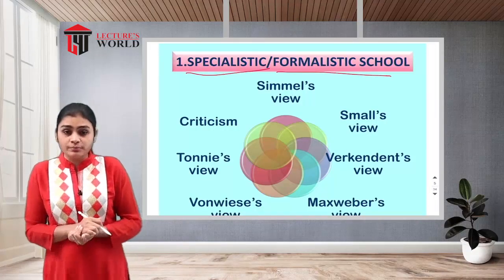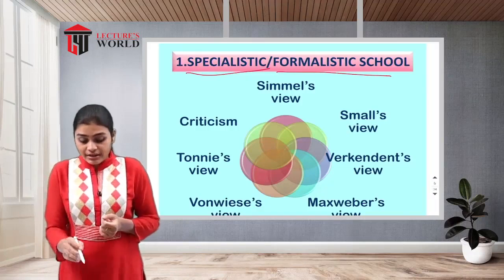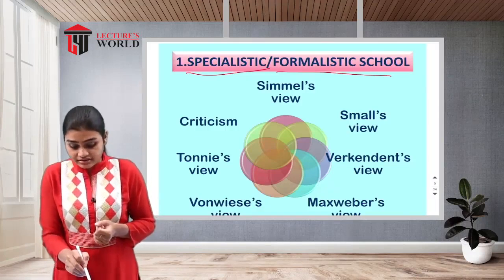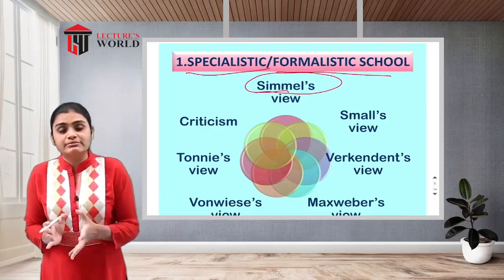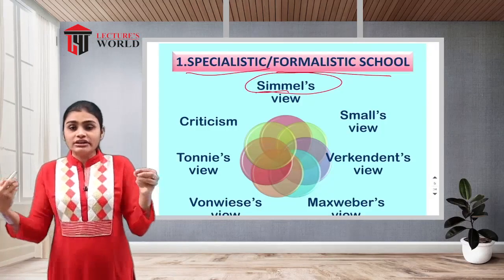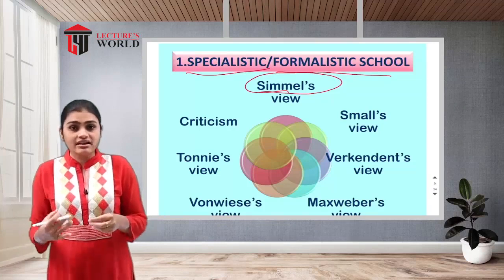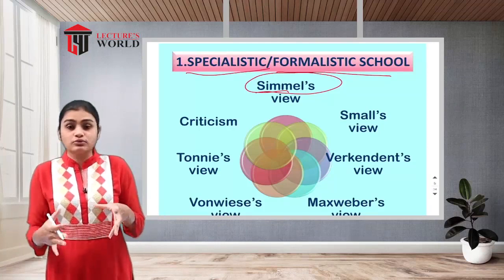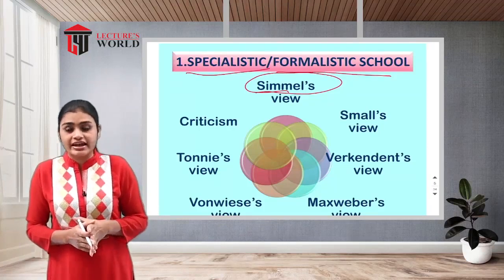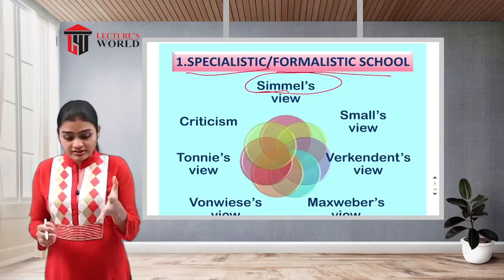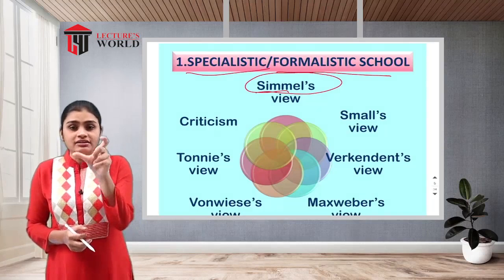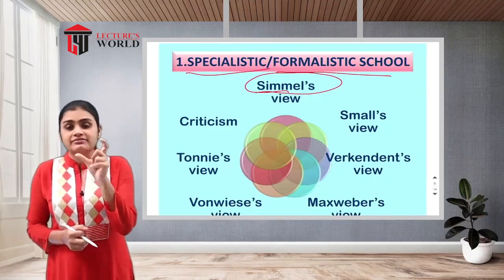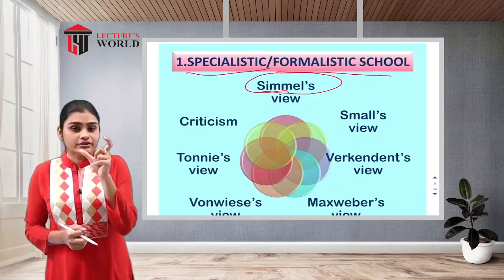The first group was headed by the sociologist Simmel, and all the sociologists gathered there to study this specialistic, or we can say formalistic, school. Specialistic means specific things, a single small thing we are learning about the individuals or the society.